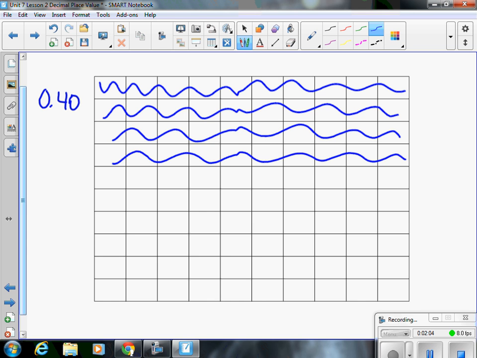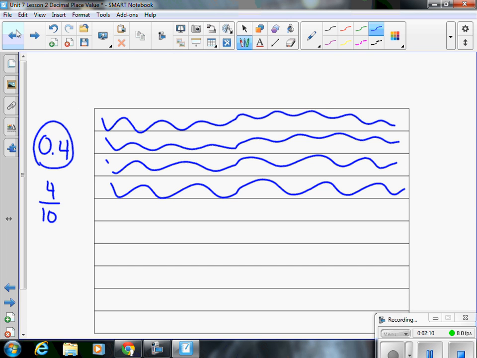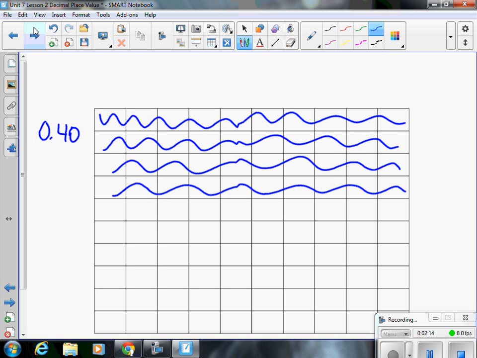Now I wonder if you noticed a similarity between this grid and this grid. You should have seen that 4/10 is the same as 40 hundredths. And if we look at that as fractions, we can see why that is.